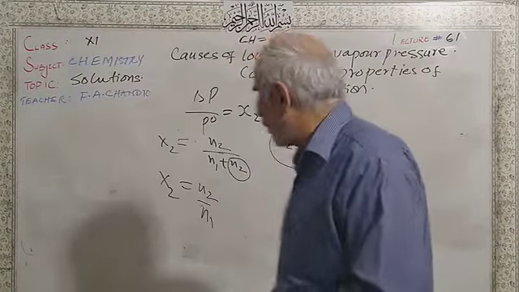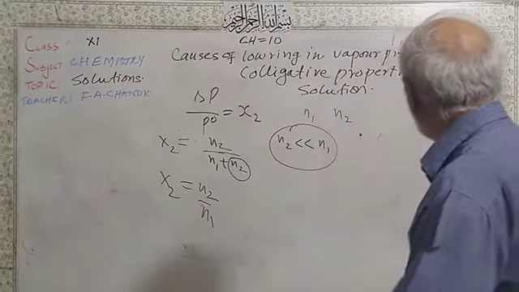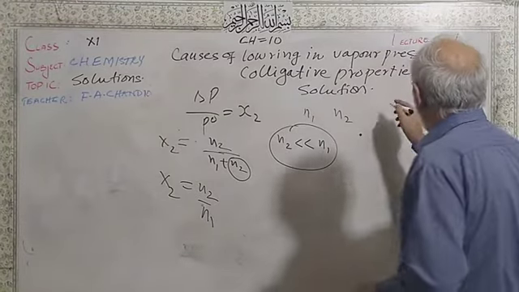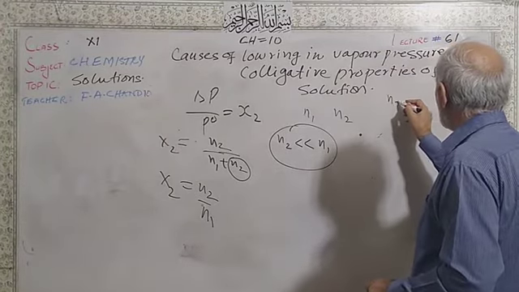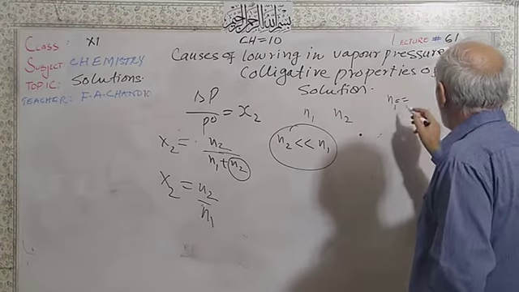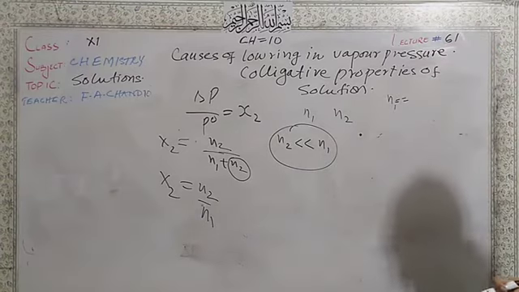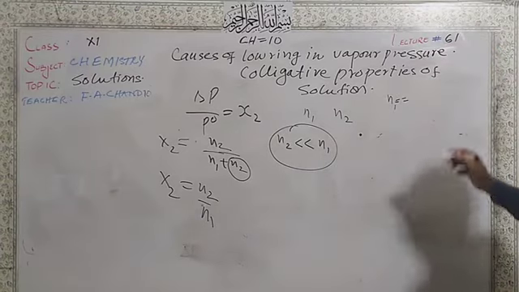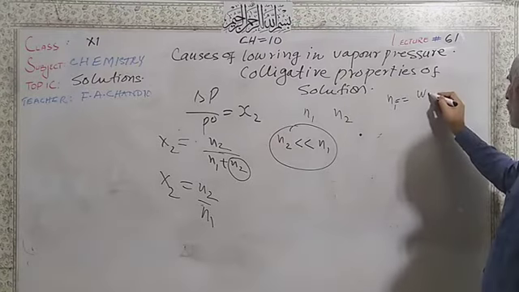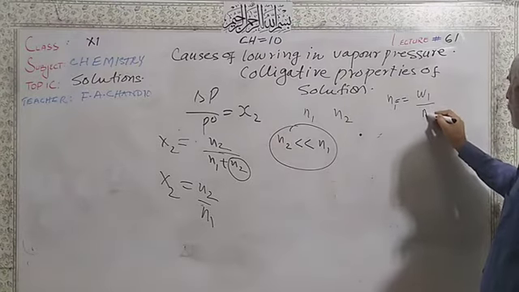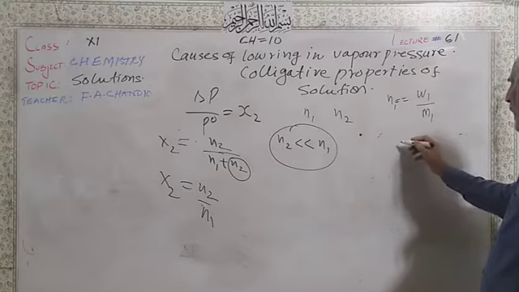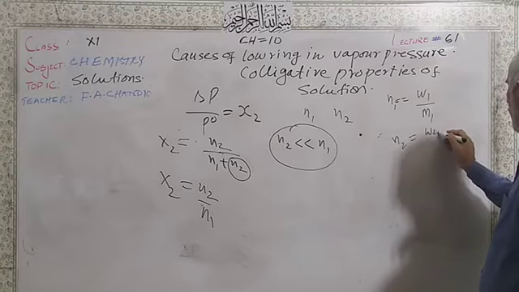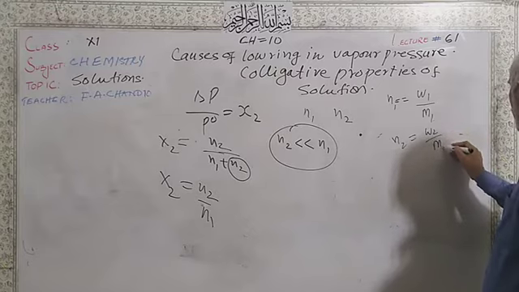Now, after this calculation, you know the number of moles: mass in gram over molar mass. So for the solvent we use W1 as the mass in gram and M1 as the molar mass, and for the solute it is W2 over M2.